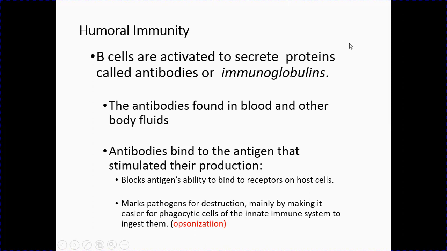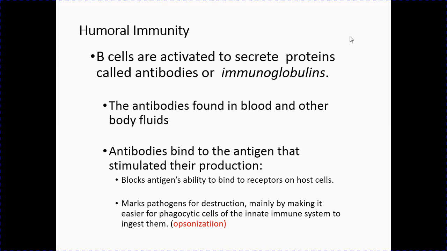It's covered up by an antibody like a blanket. And that antigen is no longer able to bind to receptors on the host cell and cause damage to the host cell.